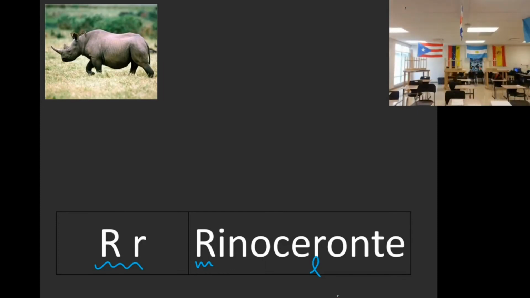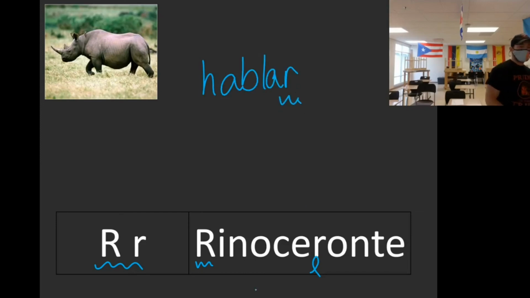One of the things that you can't see on this word right here is that when the letter R shows up at the end of a word, it also rolls. Maybe not quite so pronounced as the R in the beginning, but it's more than a flip, maybe less than a long roll. So it's going to be hablar, hablar.